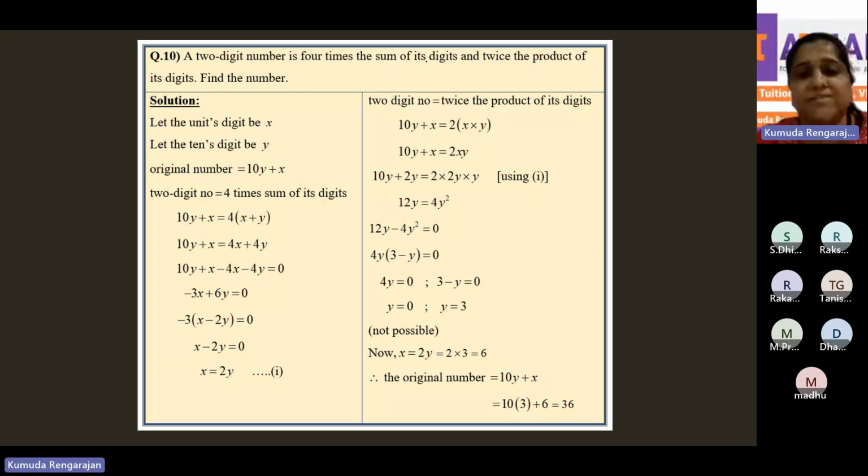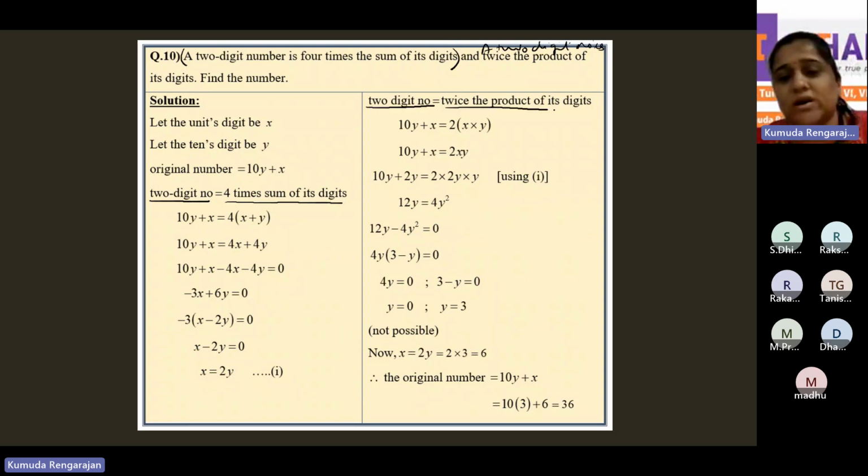A two-digit number is 4 times the sum of its digits and twice the product of its digits. That means a two-digit number is 4 times the sum of its digits, and again a two-digit number is twice the product of the digits. So that is what you can see here. I've written it here. Two-digit number is equal to 4 times the sum of its digits.